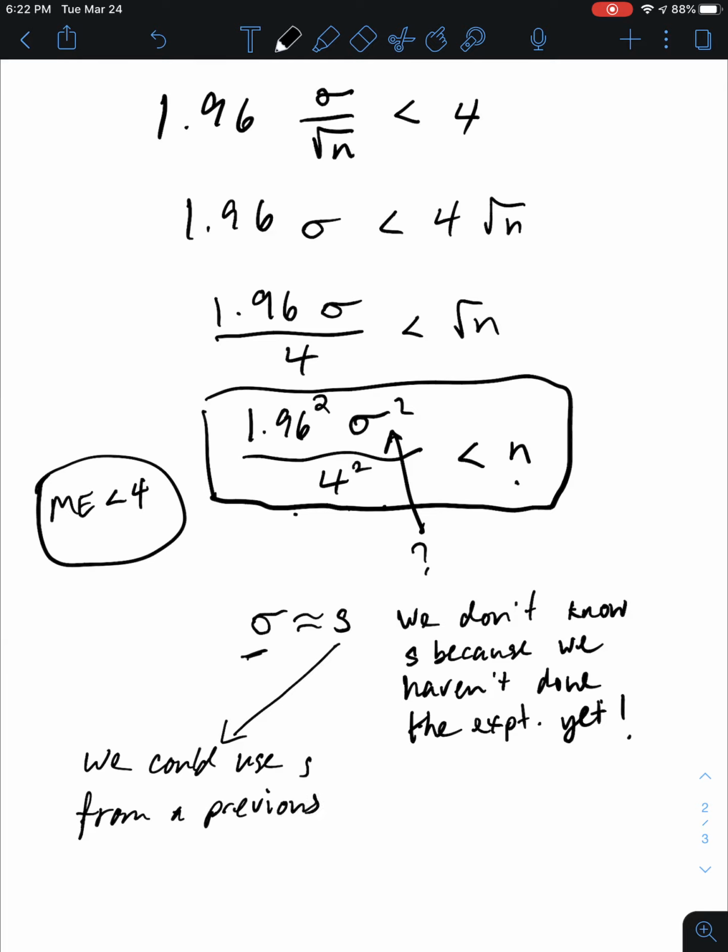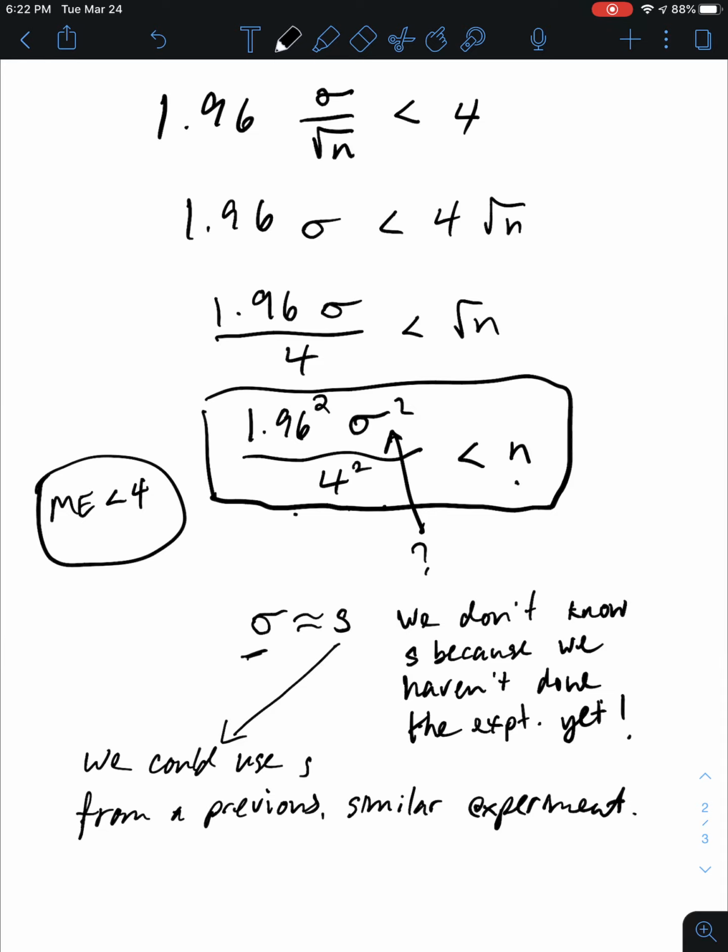That is about the best we can do in this situation. So there's no magic fix for this. We can approximate sigma by an s from a previous, similar experiment.